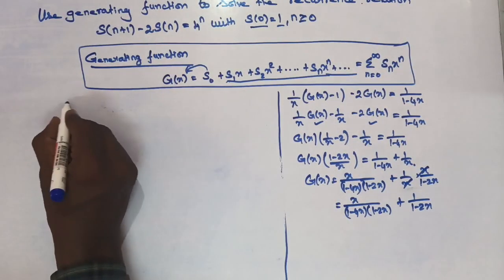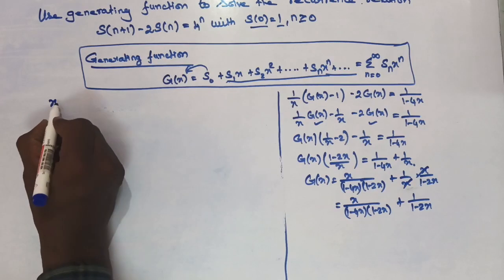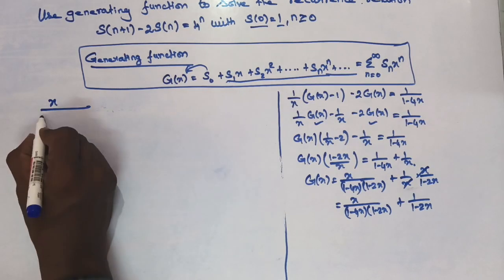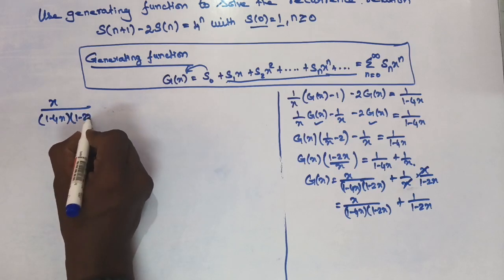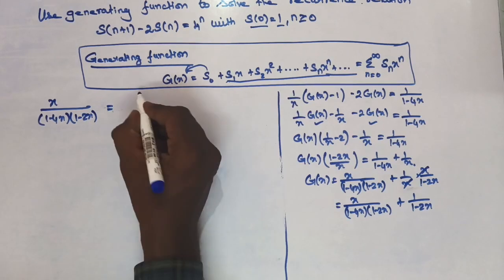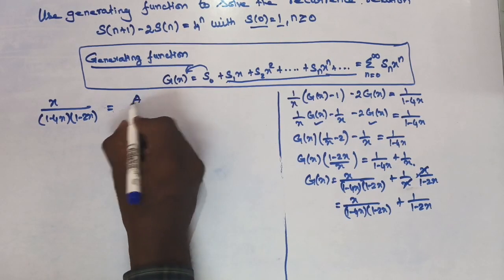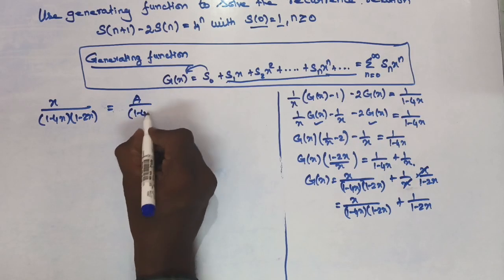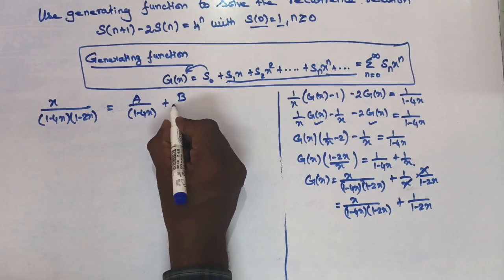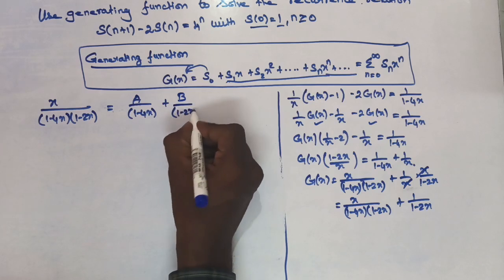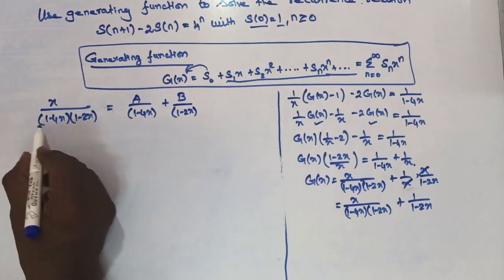Solve this one: x by (1 minus 4x)(1 minus 2x), which is equivalent to, by partial fractions with non-repeated factors, A by 1 minus 4x plus B by 1 minus 2x. Then you can multiply throughout by this value.